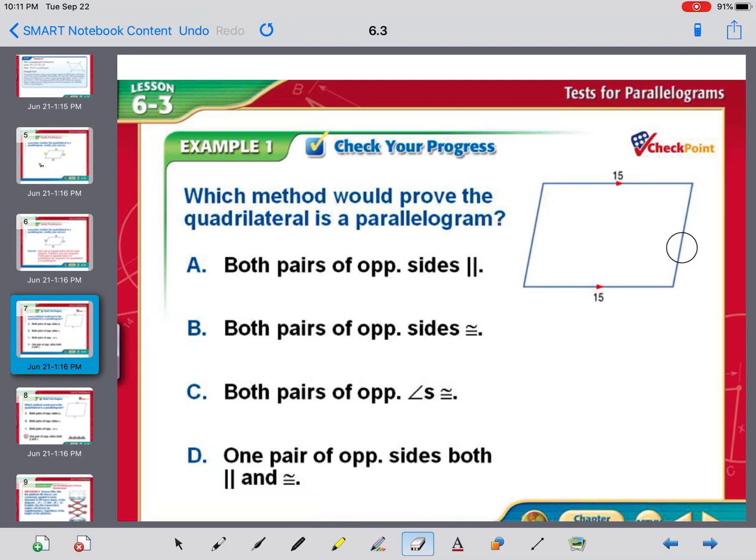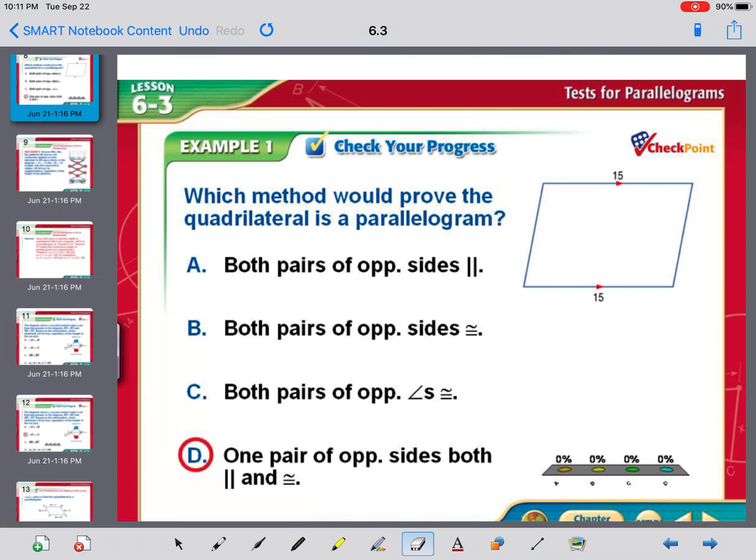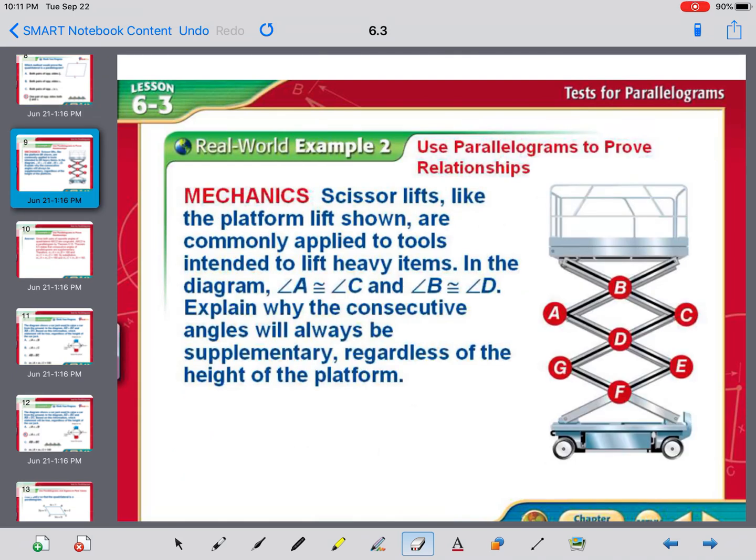This says both pairs of opposite sides are congruent. These may look it, but we don't know. This says both pairs of opposite angles are congruent. They may look it, but we don't know. D, we know. One pair of opposite sides is both parallel, the little red arrows, and congruent, the 15s. So it's D.